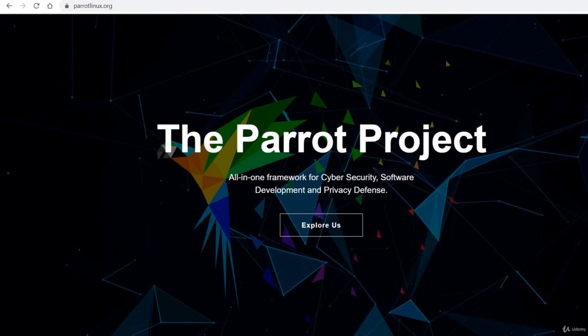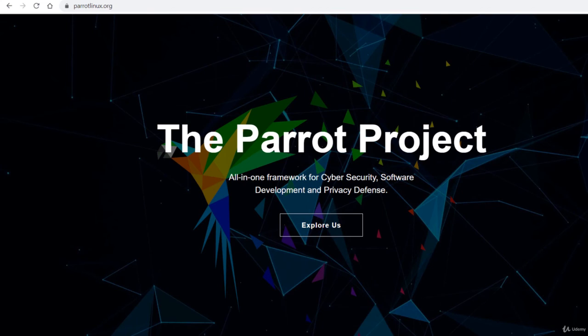It includes a full portable laboratory for all kinds of cybersecurity operations, from penetration testing to digital forensics and reverse engineering. But it also includes everything needed to develop your own software or keep your data secure. The graphical interface of Parrot OS is built using Ubuntu Mate.